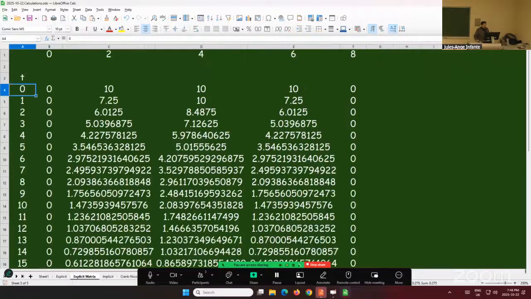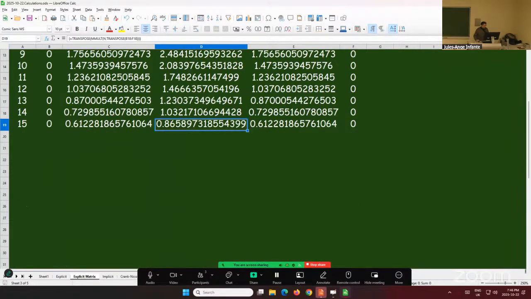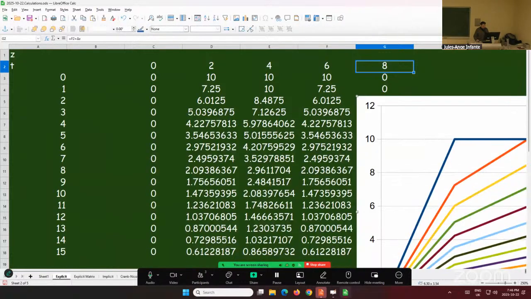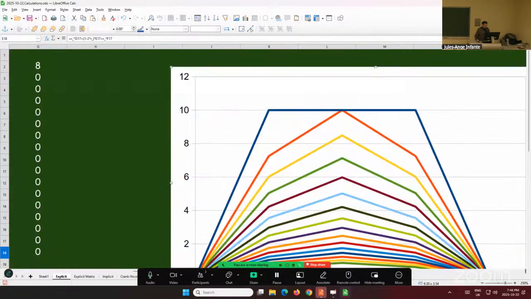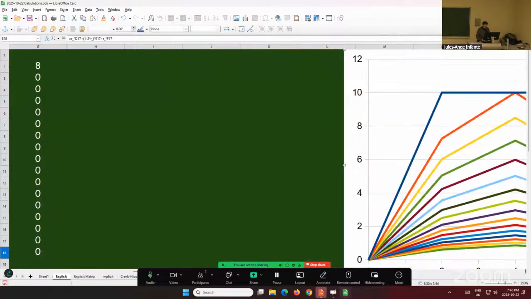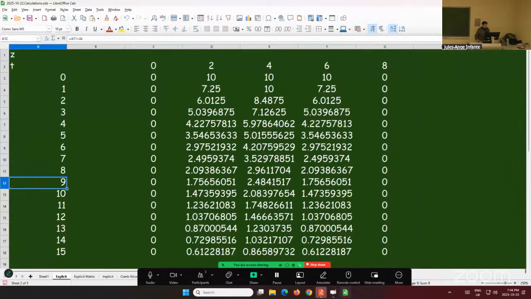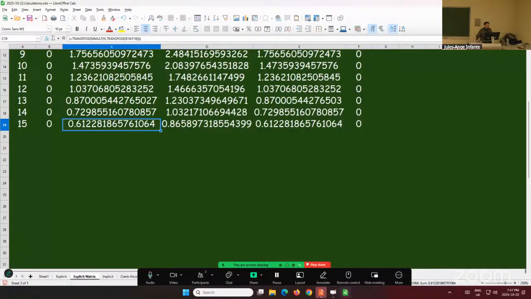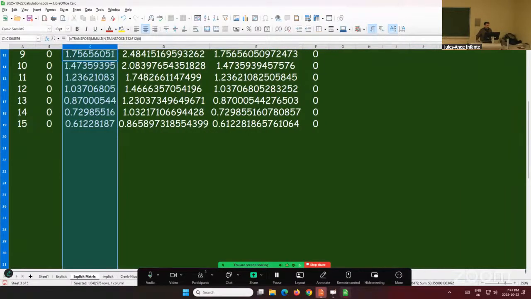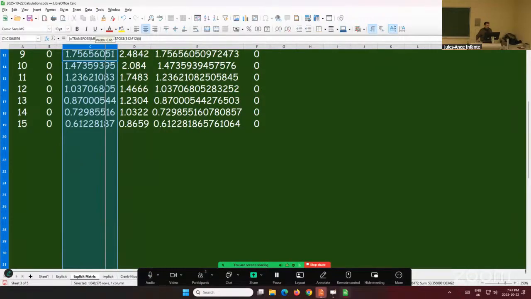Okay, that makes more sense. So 0.8658, and we have 0.8658. Looks good. And the other values are all the same also, I expect. Let's see. So it's all the same values. Okay, so we have a working system even with the matrix.